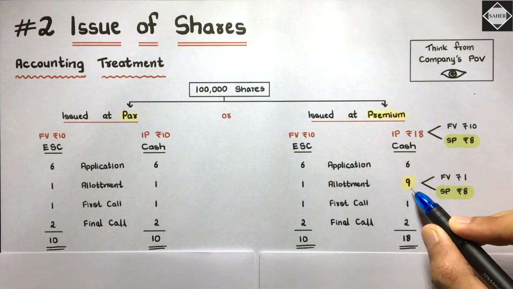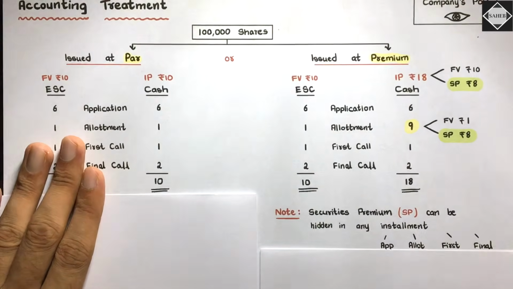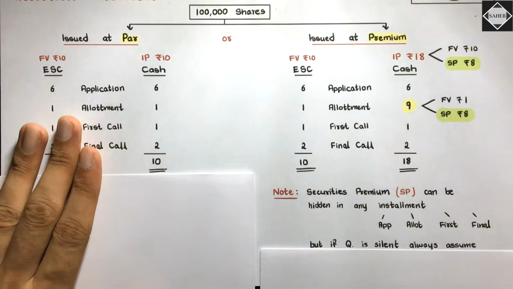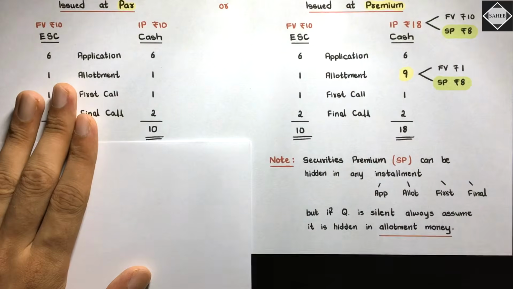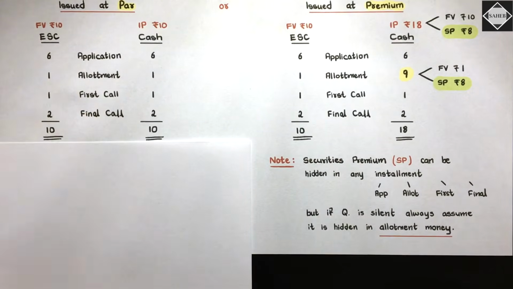Is that clear? So I have written a note regarding that. Securities premium can be hidden in any installment, application, allotment, first call, final call. But if the question is silent, always assume it is hidden in the allotment money. Is it clear? Simple and straightforward. This will become clearer as you see more problems. It is a very simple thing.